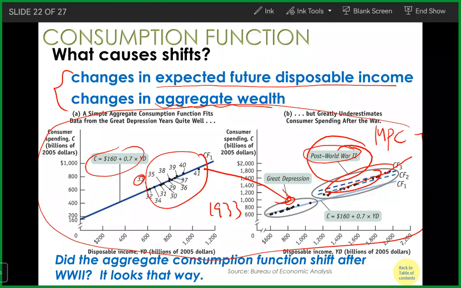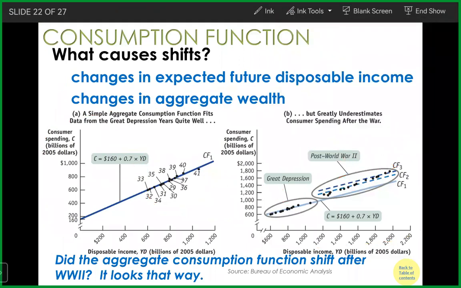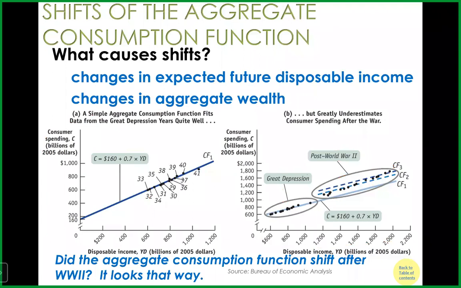Okay, to summarize, let me erase everything. If we compare the time period of the Great Depression with post-World War II for the US consumption function, we found two things. Number one, MPC increased after the Great Depression. Number two, the total consumption function increased. But this is very intuitive, right?